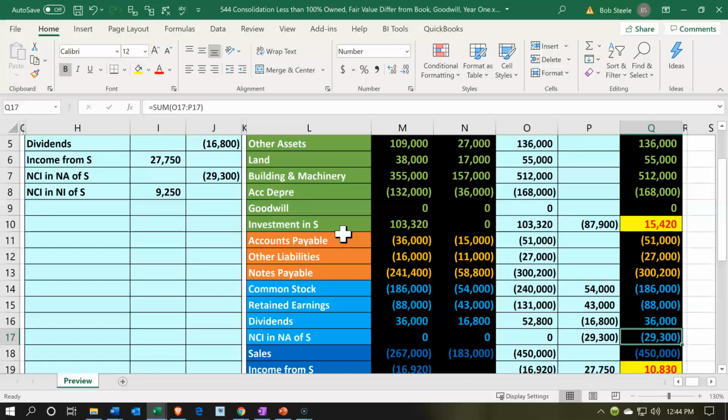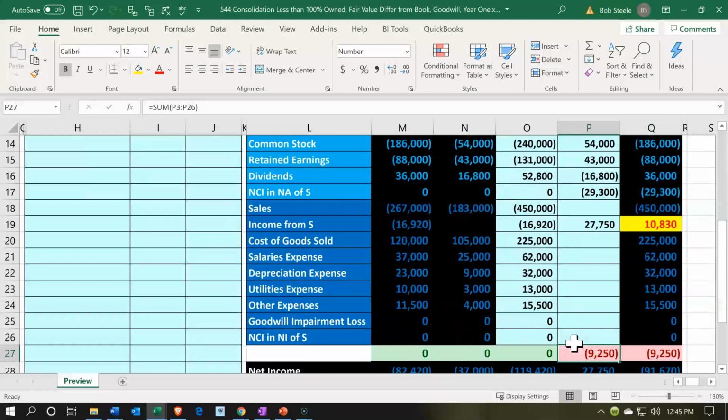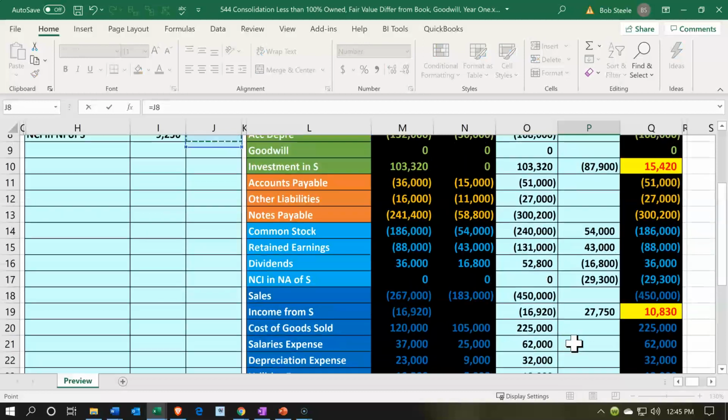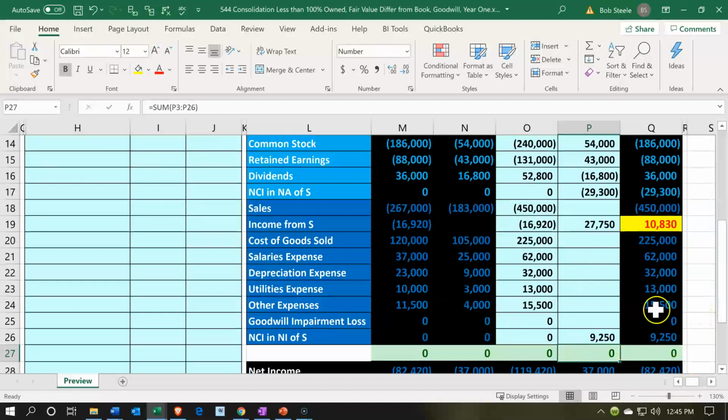The other 25%, the 9.3, and then the income from S down here, the non-controlling interest I'm going to put on the bottom, and so that should be it. So that puts us back in balance.